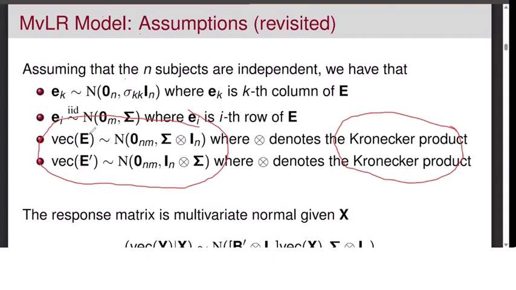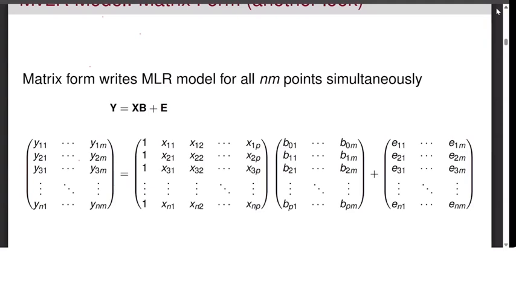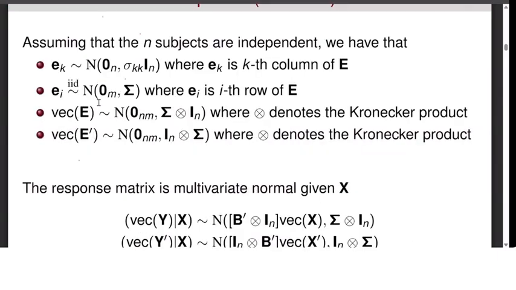Whenever we want to have something to do with the vec of E, where E here has errors associated with the multiple responses, I need to take a look at my E. This particular E is talking about error associated with multiple response variables, and because of that, if I want to talk about the distribution of an uppercase E, I'm going to be talking about vector E. That's what you see here, the vector E. The vector E follows a normal distribution with the mean of this.